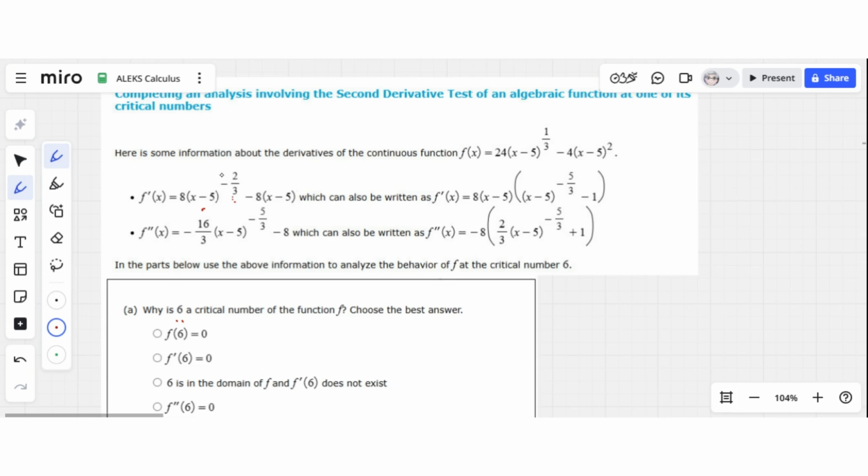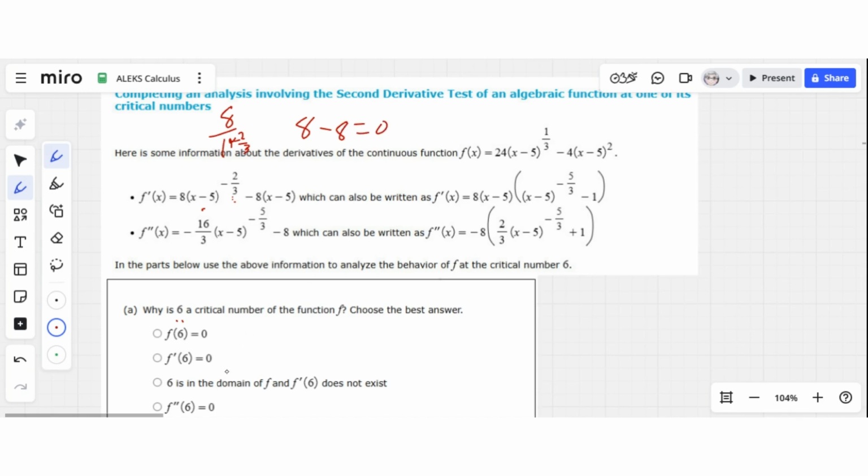Let's find the first derivative at 6. So 6 minus 5 is 1, so this would be 8 over 1 to the 2/3, and 1 to the 2/3 is just going to be 1, so the first part is 8. And the second part, 6 minus 5 is 1, times 8, so it's 8 minus 8.